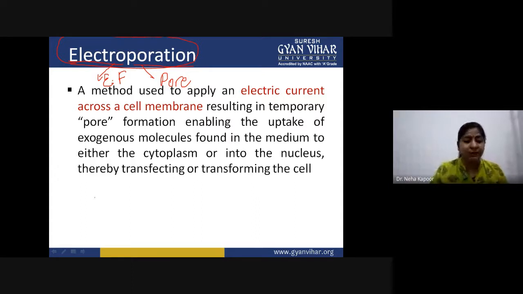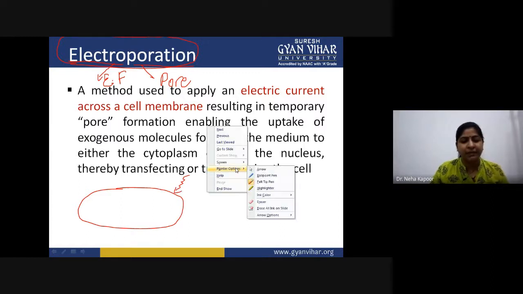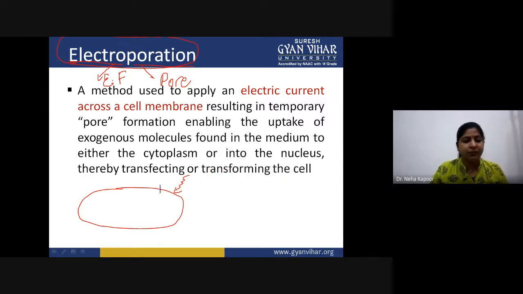So you can say, suppose this is the cell and you have applied electric current. As soon as the electric current is applied, pores would be created. These are temporary pores, or you can say transient pores, created across the membrane like this.